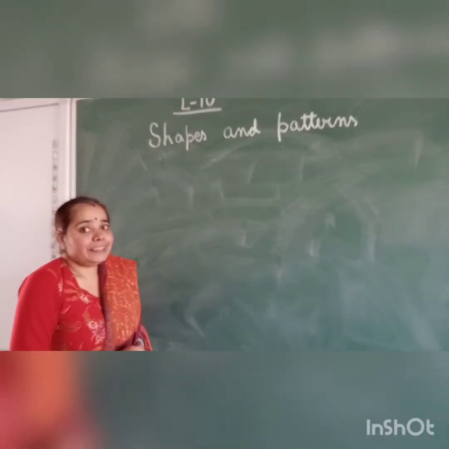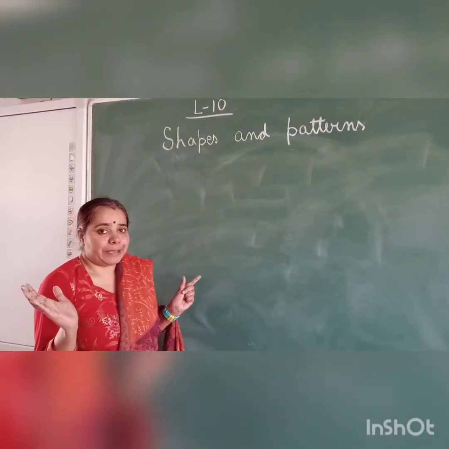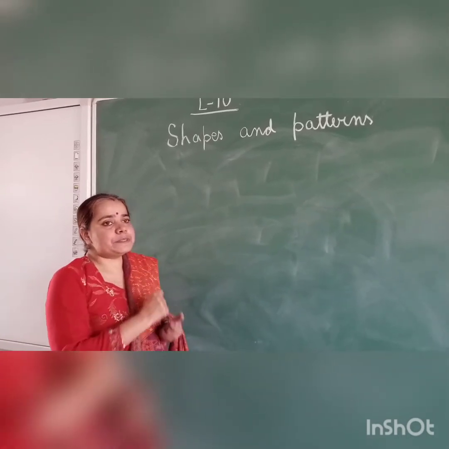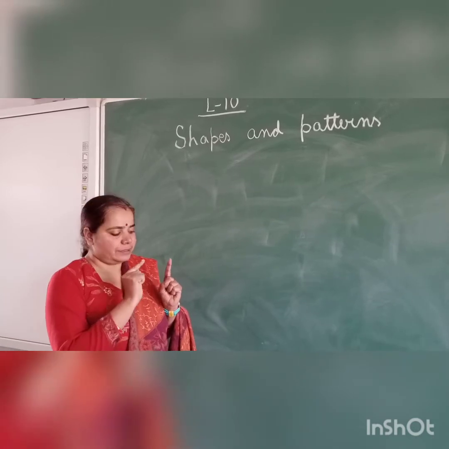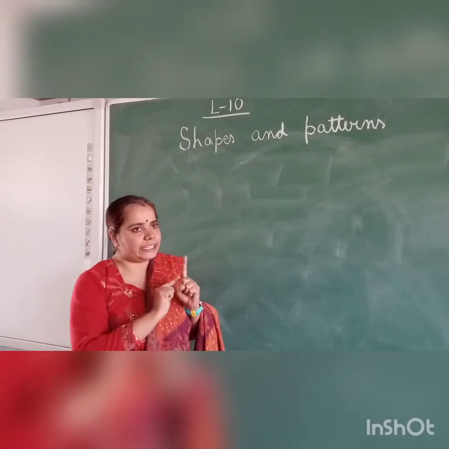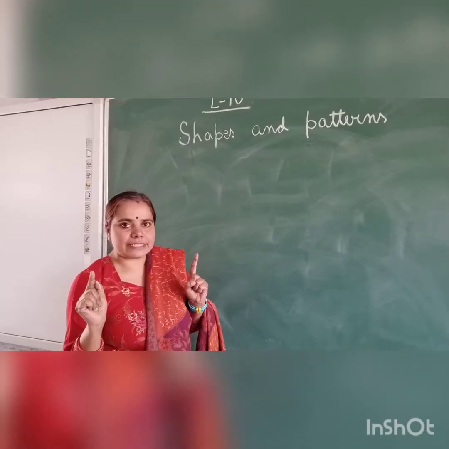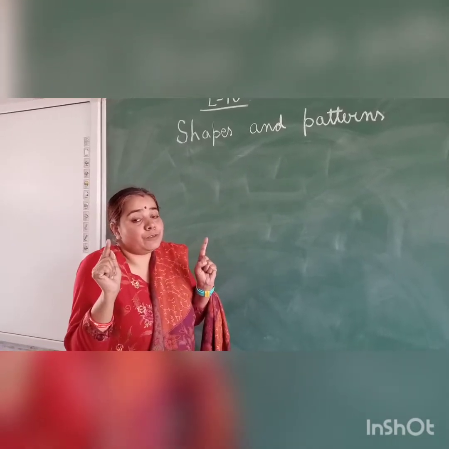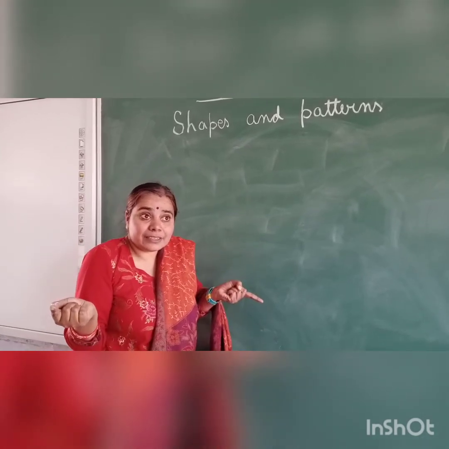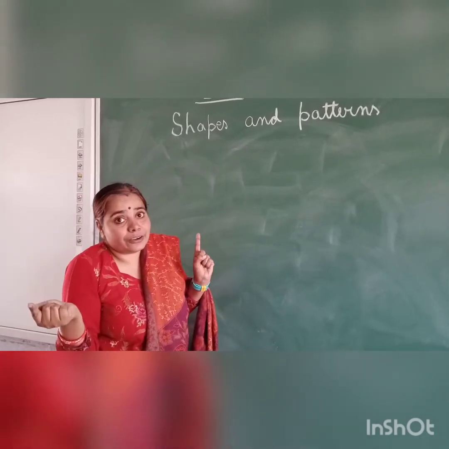One very unique shape ma'am is going to tell you about. In the earlier shapes we have seen that they all have corners, and they all have sides also, but ma'am is going to tell you about one very unique shape which does not have any sides and does not have any corner.